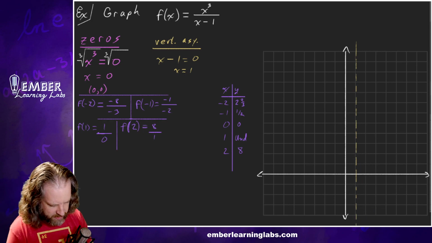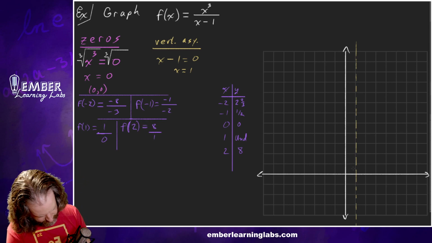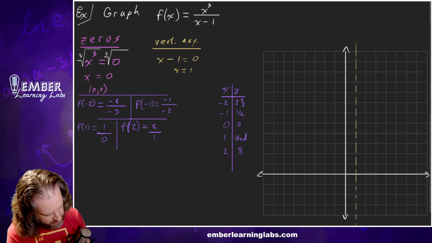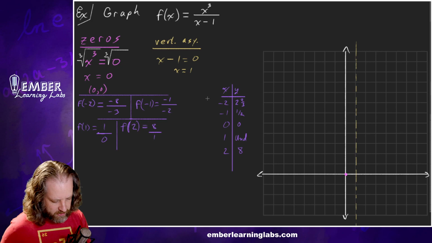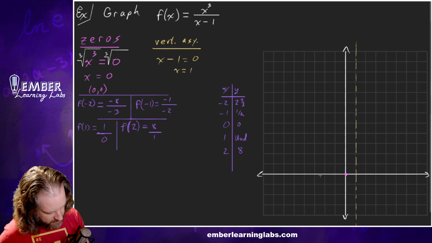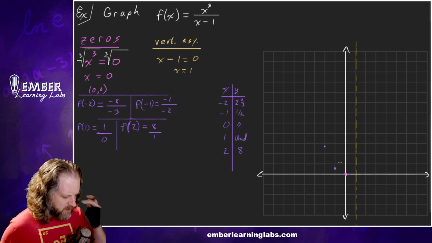We know that there is a 0 right here. I'm going to label that with the color that we did it in. There's 0 right there. And then I'm going to label these -2 and 2 2/3. So about right there, right? -1 and 1/2.